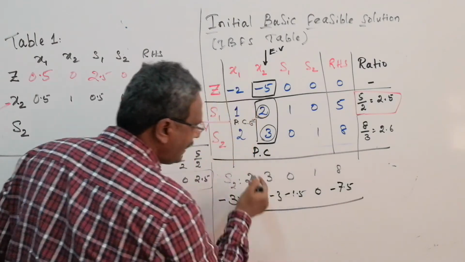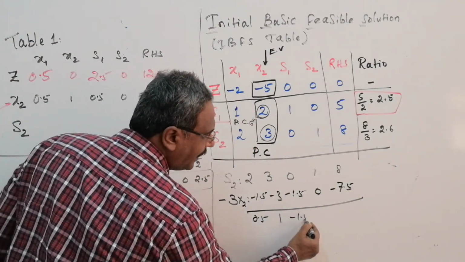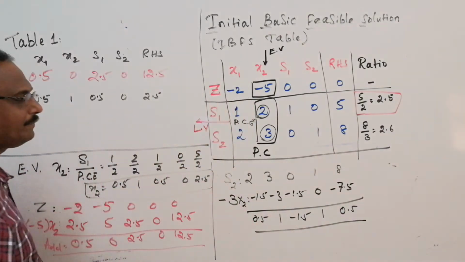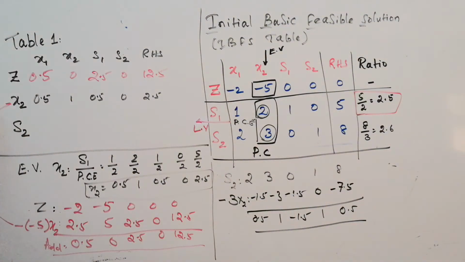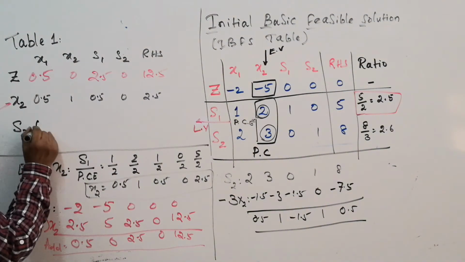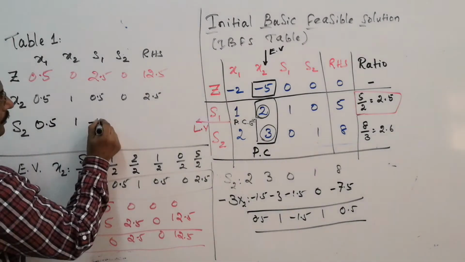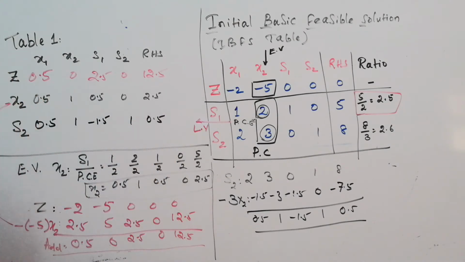I am going to add these: 0.5, 1, minus 1.5, 1, this is 0.5. I am going to take this value as it is in place of S2. So in S2 we will have 0.5, 1, minus 1.5, 1, 0.5.